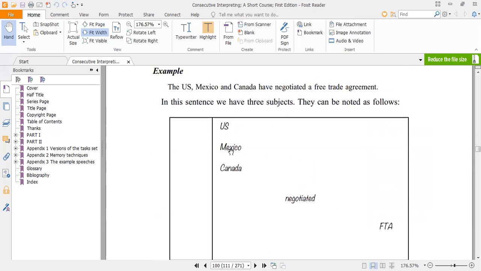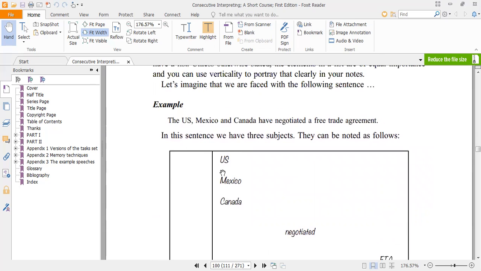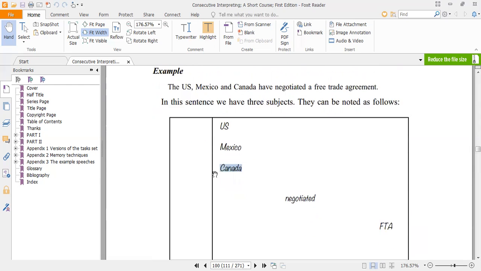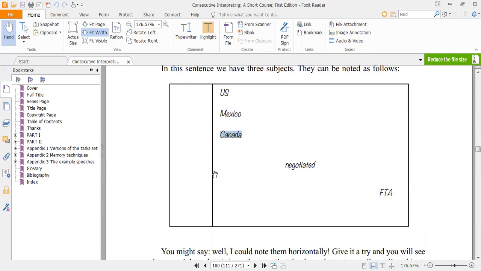Now if you have more than one subject, for example, the US, Mexico, and Canada have negotiated a free trade agreement, we can write the first part of the subject, US, Mexico below, and finally Canada below. Thus, we can write the three components of the subject on the right, above each other.